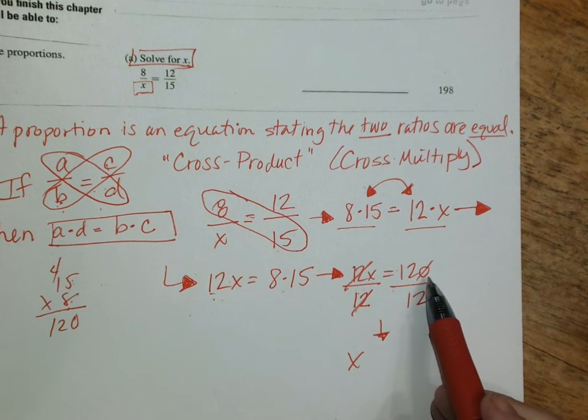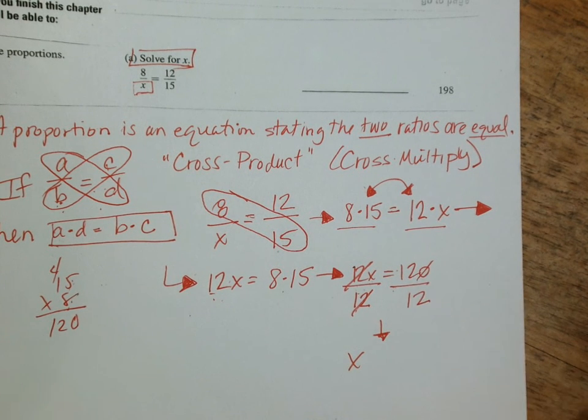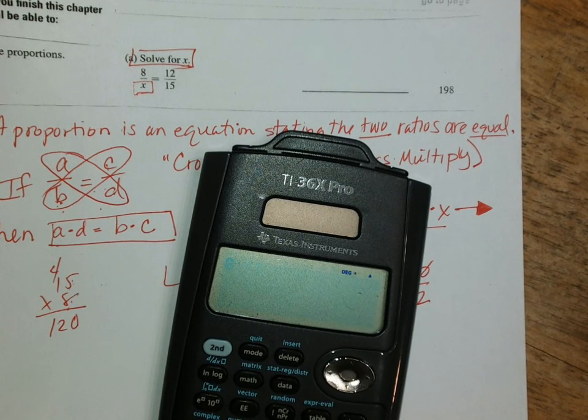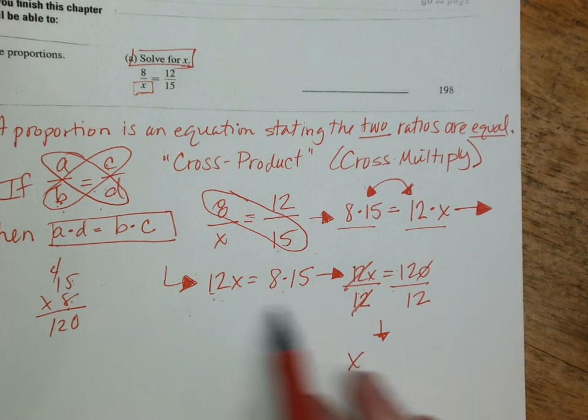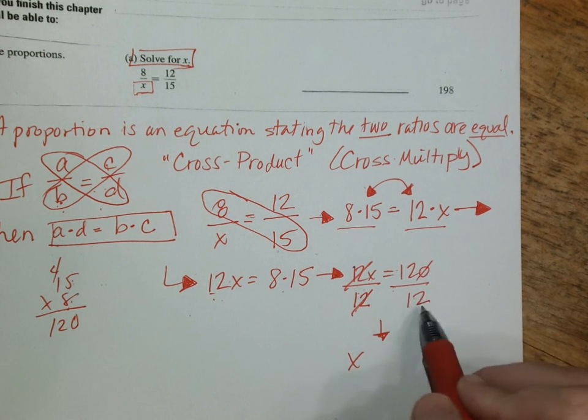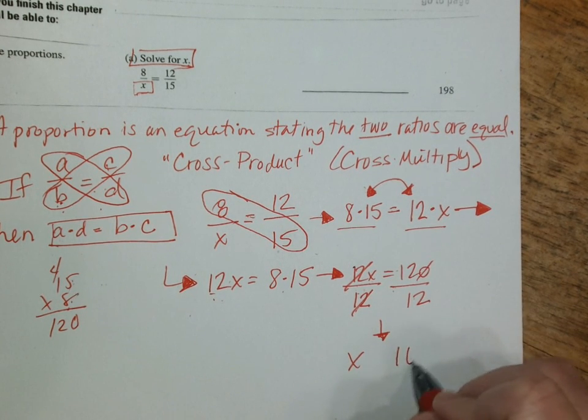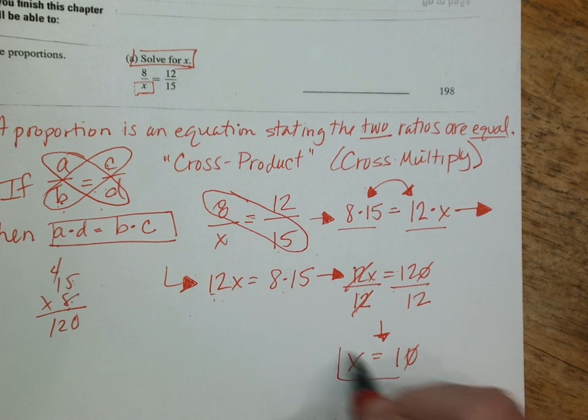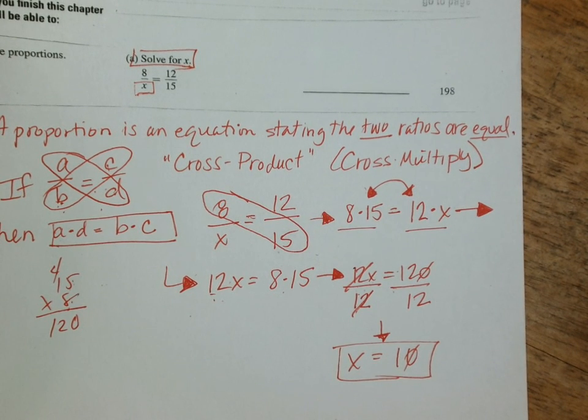Common sense. You get an extra 0 on a 12. That means that the 12 was multiplied times 10. Or you can get your handy dandy calculator and say 120 divided by 12. You don't have to really show work. You just have to show me how you're setting things up and your thought process. So in this case, 120 divided by 12 is 10. So x is equal to 10. Box your answer, and there you go.